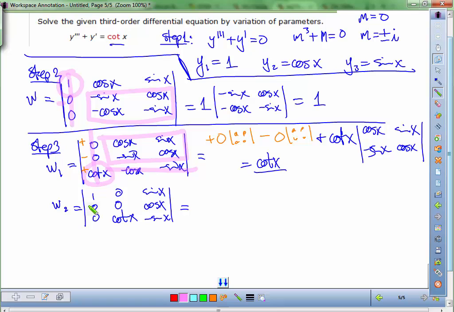Let's expand along this, and I'm just doing this to entertain myself. It's probably easiest to expand on the first row or first column, but I'm going to choose the second row just to show you how the determinant expansion works.